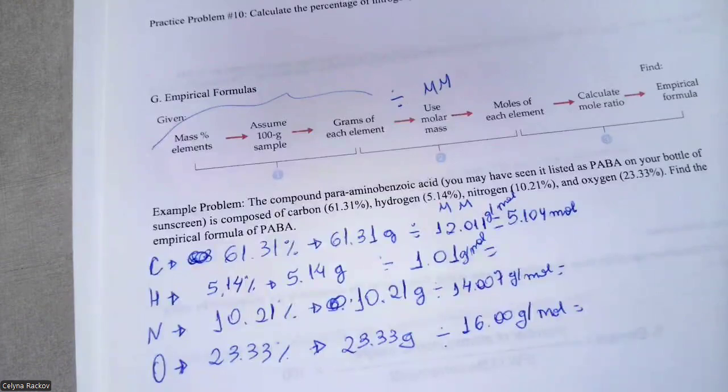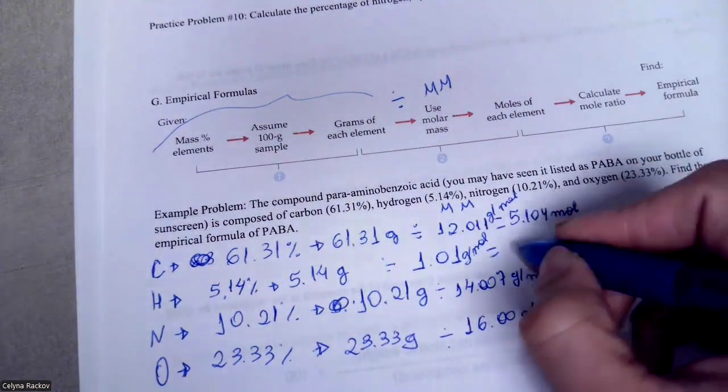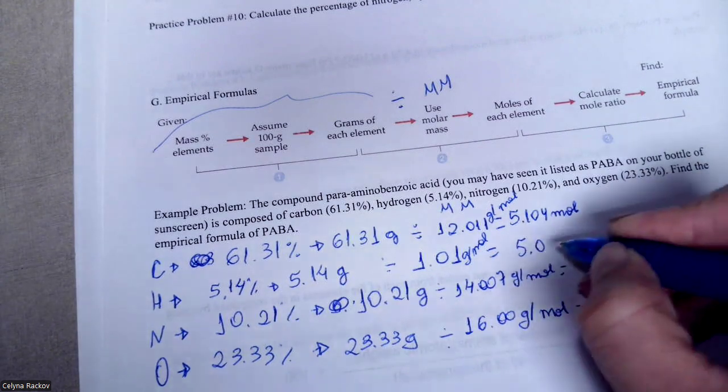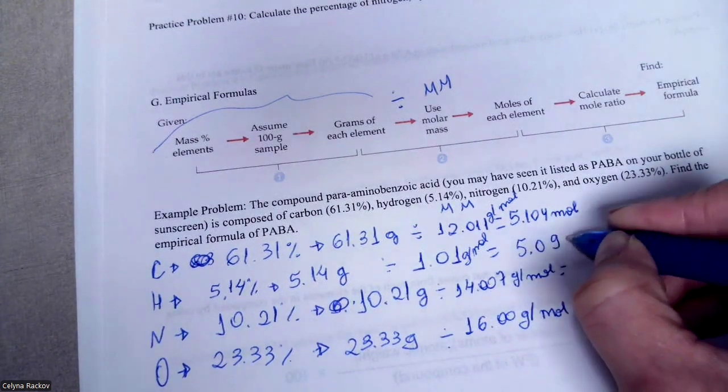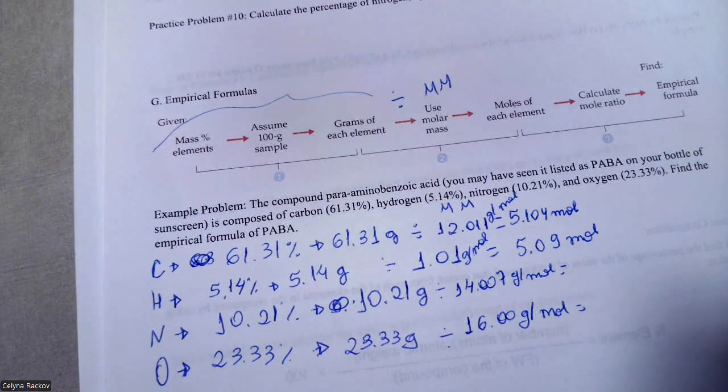So now let's find the moles of everything, right? The moles of hydrogen, for example, is about 5.09 moles. The nitrogen, how many moles here? Let's divide 10.21 by 14.